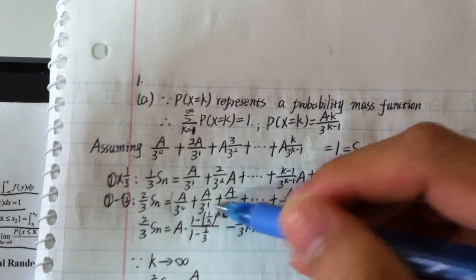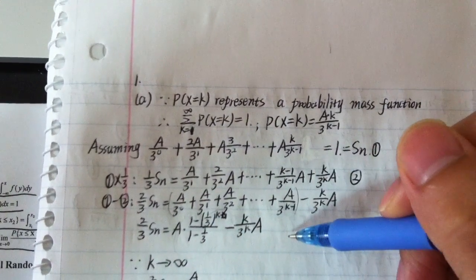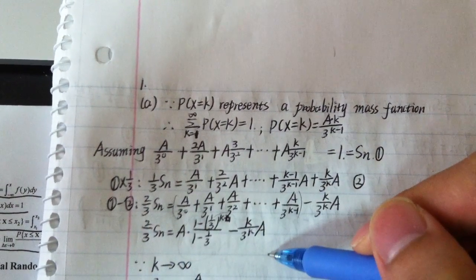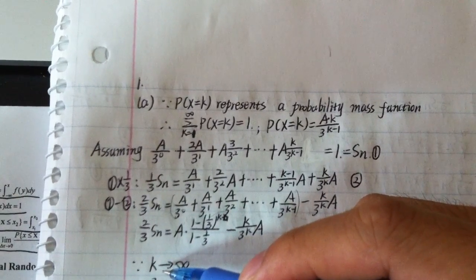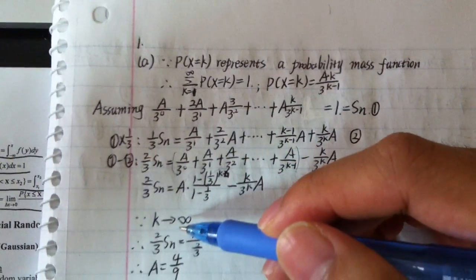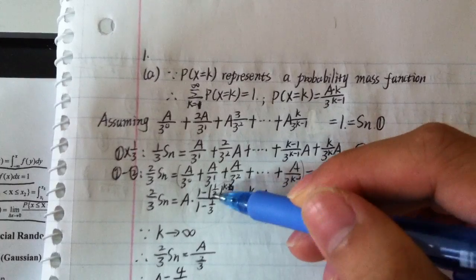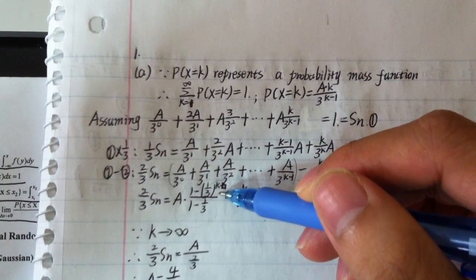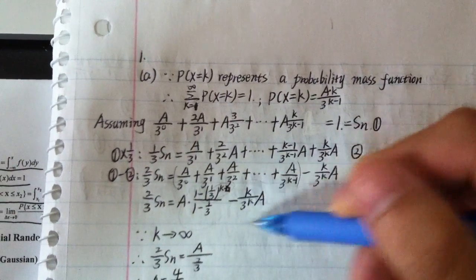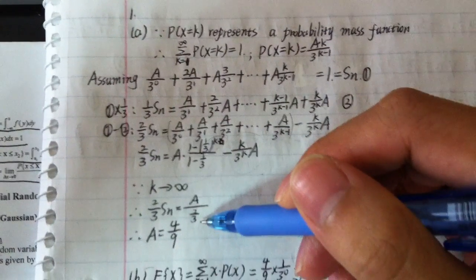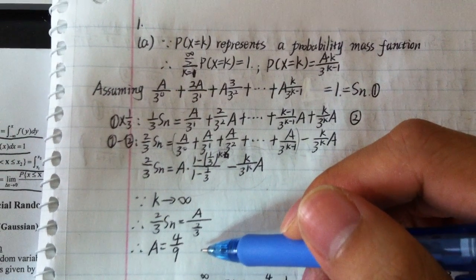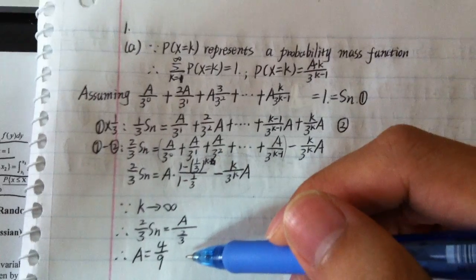Because k tends to infinity, this expression equals 0, and this one equals 0, so we get a equals 4/9.